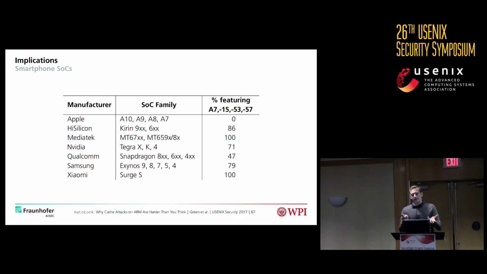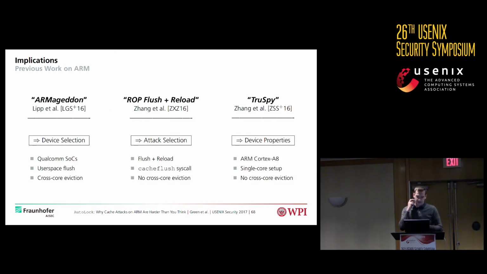So the question is, if presumably a lot of chips have AutoLock, why did no one before recognize it? That is a list of previous work that tried user space cache attacks on ARM processors, and we think there are a couple of reasons why they didn't see it.